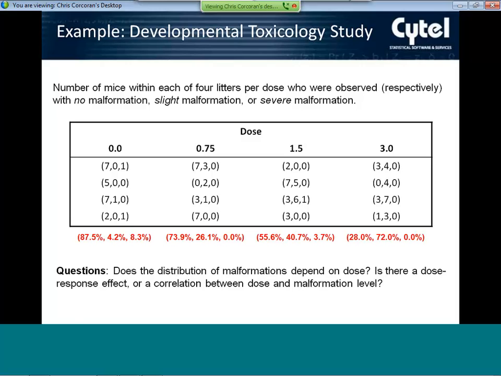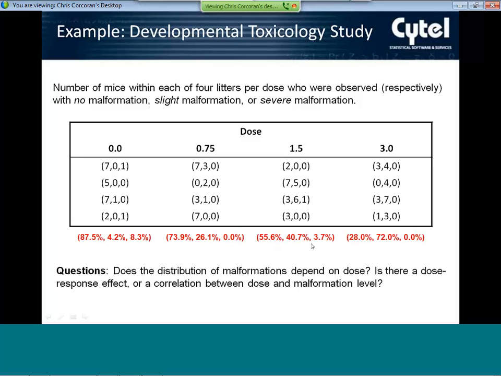So this first litter here in the dose group of 0, this represents a litter of 8 mice, 7 of whom were observed with no malformation, 0 that had slight malformation, or 1 with a severe malformation. And likewise, there are 4 litters per dose that were each observed after the experiment was conducted.